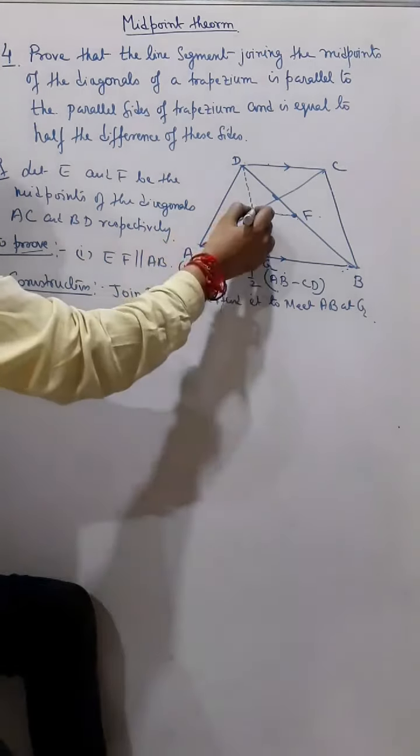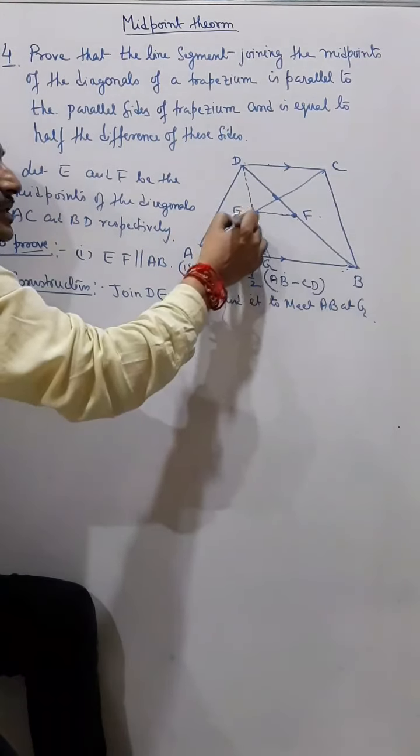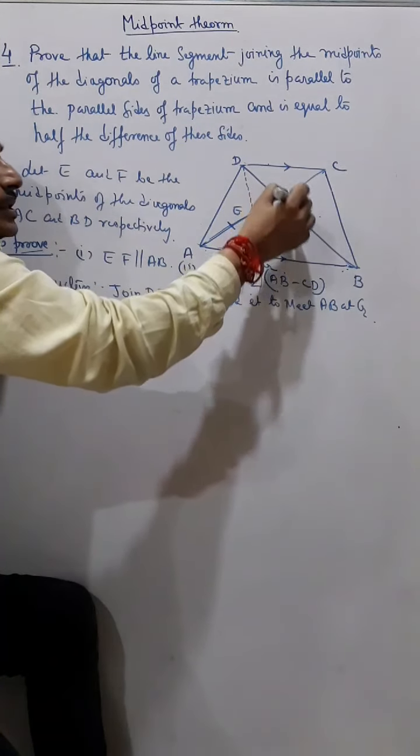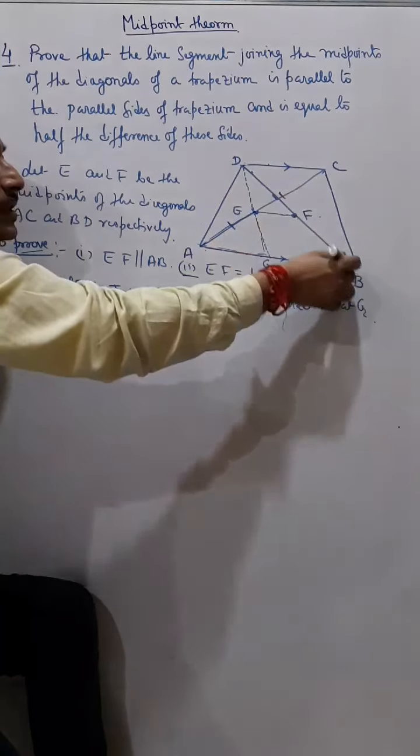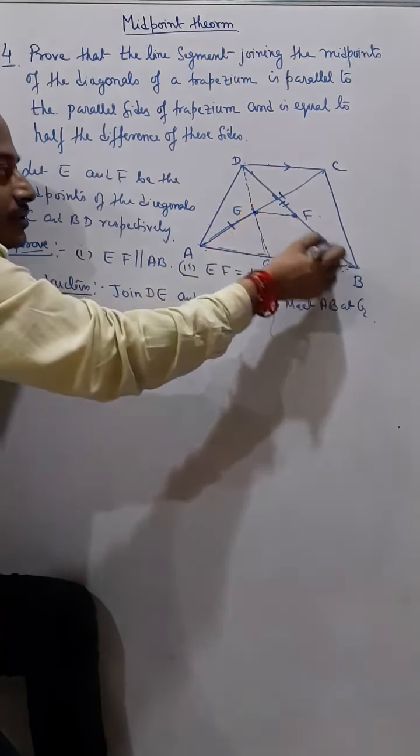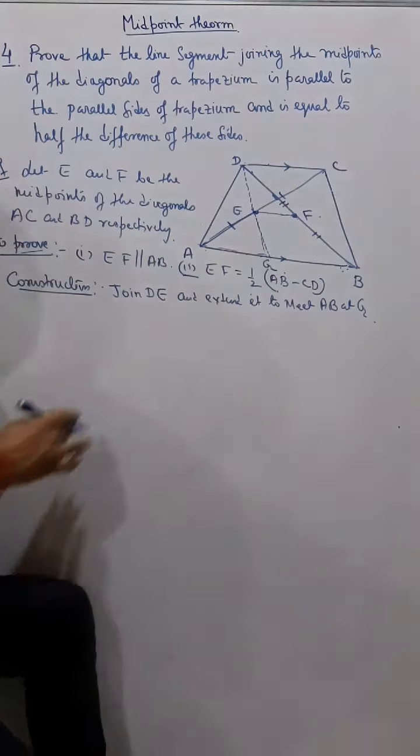Now as you know, E is the midpoint of AC, so this equals this, and F is the midpoint of BD, so this part is equal to this part. So remember, you will require this.